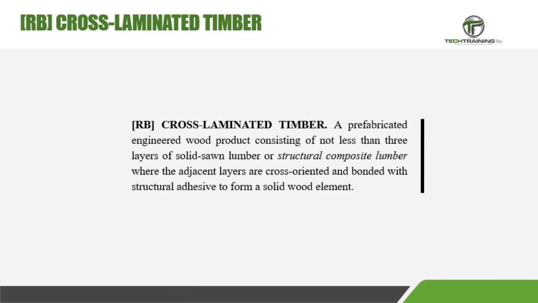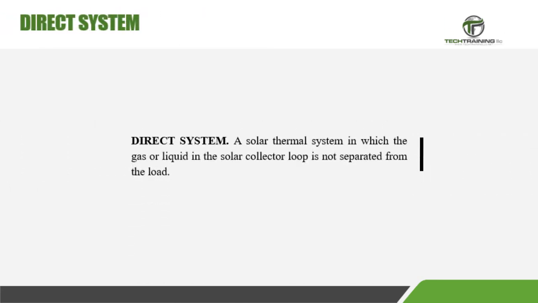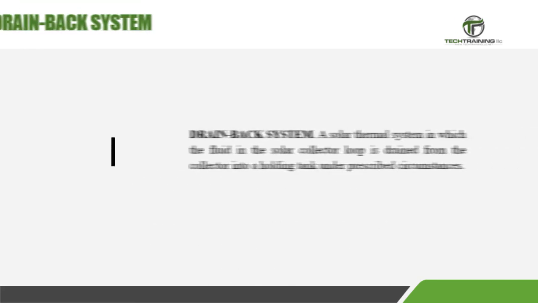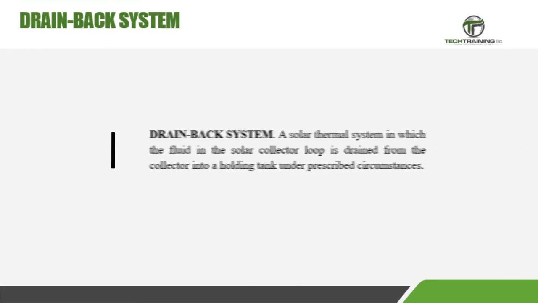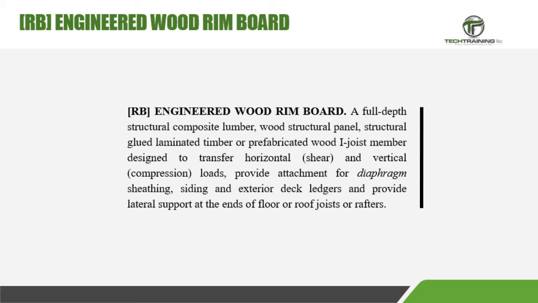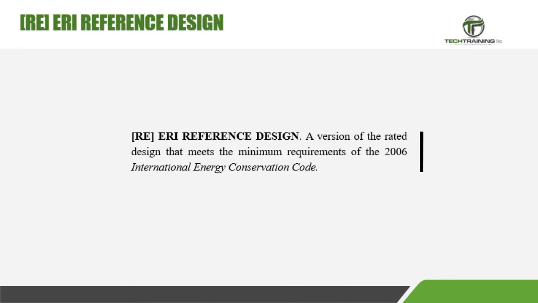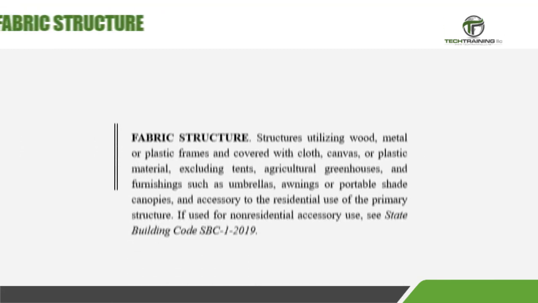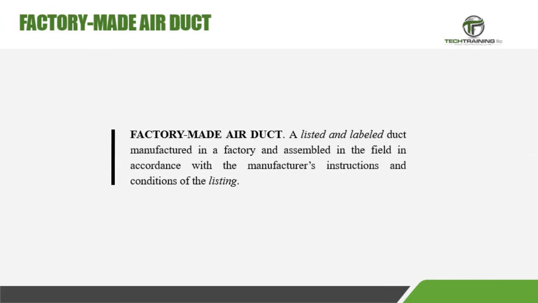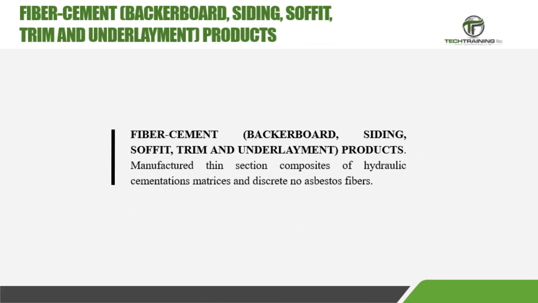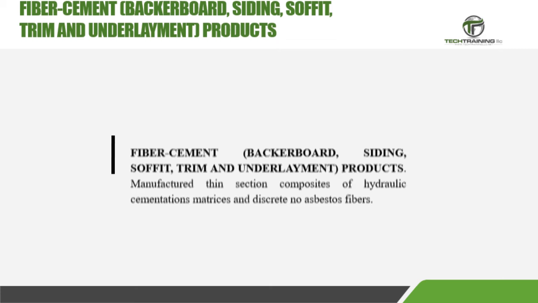Cross-laminated timber. Direct system. Drainback system. Engineered wood rim board. ERI reference design. Fabric structure. Factory-made air duct. Fiber cement. Backboard, siding, soffit, trim, and underlayment products.